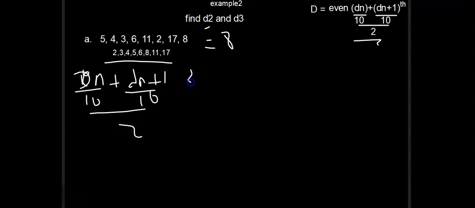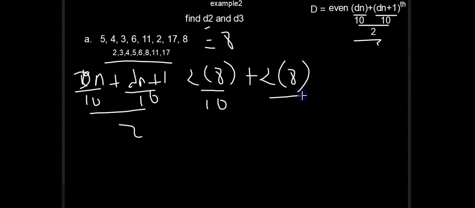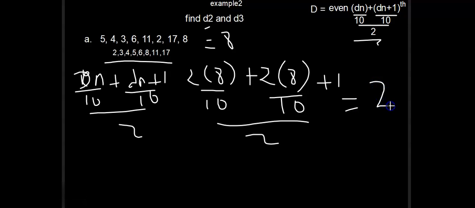So this means 2 times n, where n is 8, over 10, plus 2 times 8, over 10, plus 1, and the whole over 2. 2 times 8 is 16, 16 over 10, plus 2 times 8 is 16 over 10, plus 1. This will be 26 over 10. When you divide the whole thing by 2, your last answer should be 2.1.